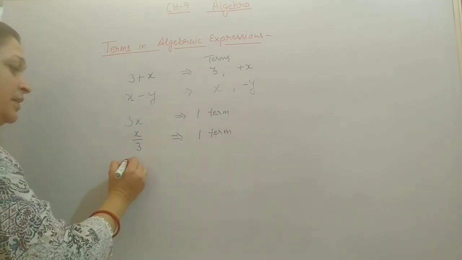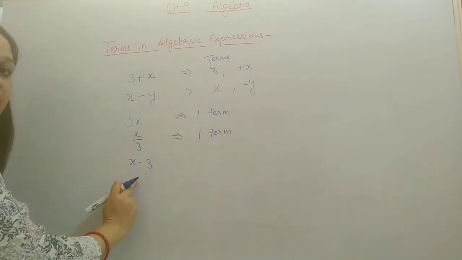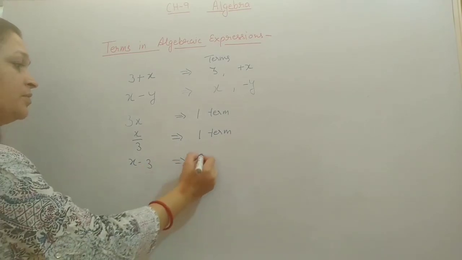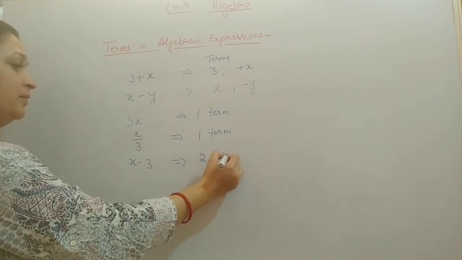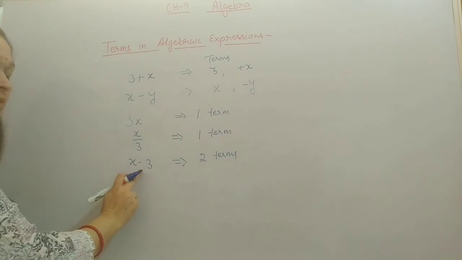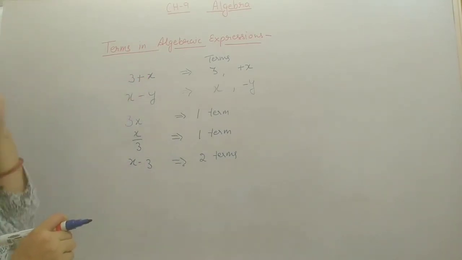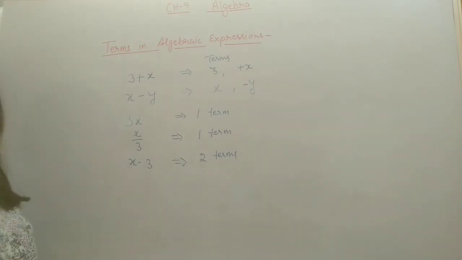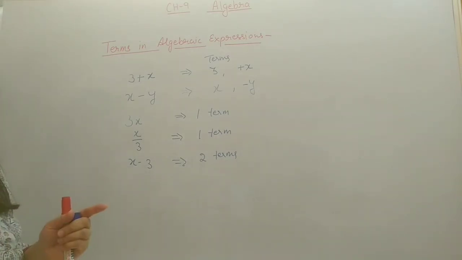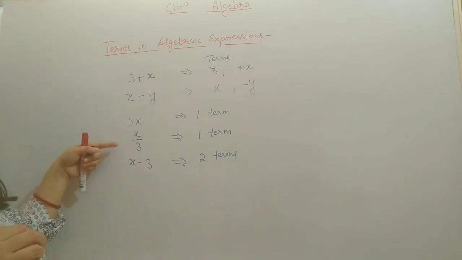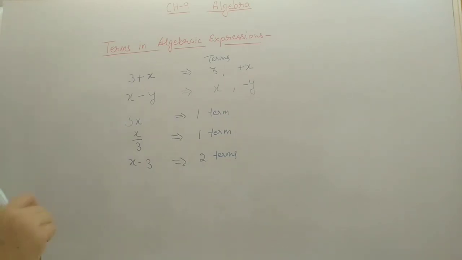But if it is x minus 3, then we have two terms here. One is x, another one is minus 3. If it is 3 plus x, then also we have two terms. So always remember, addition and subtraction will separate the terms. Multiplication and division will make only one term.